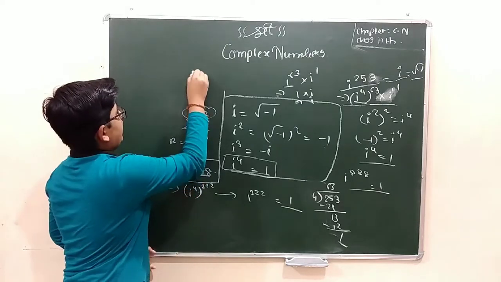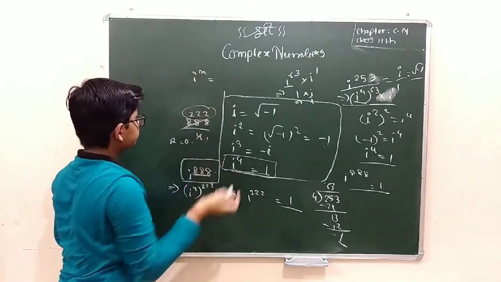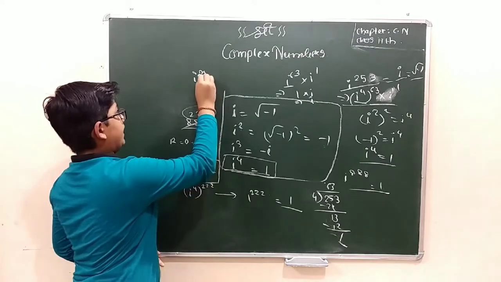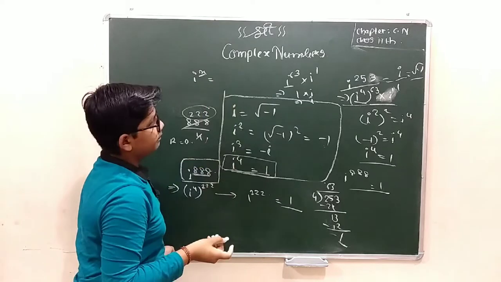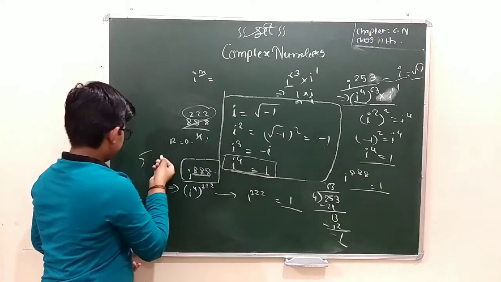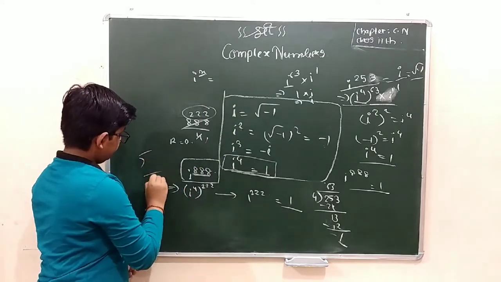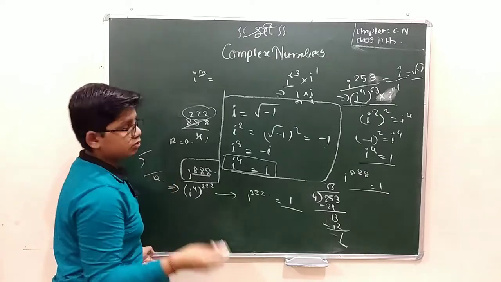So now what is i to the power x? We can find i to the power x by writing the value of x as a multiple of 4, in the quotient and remainder format, that is, the remainder also can be added.